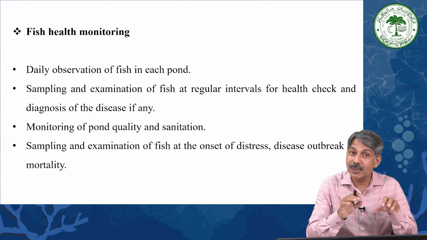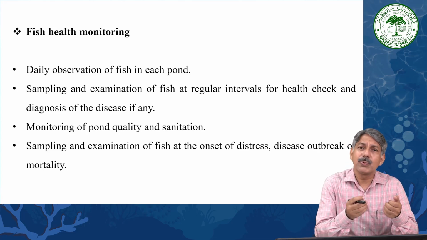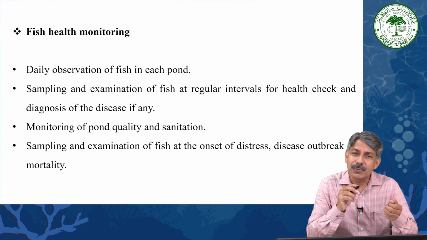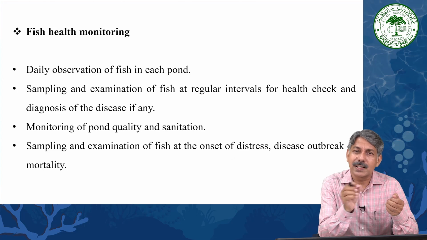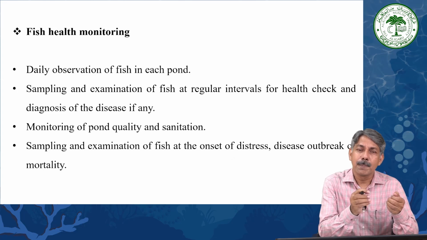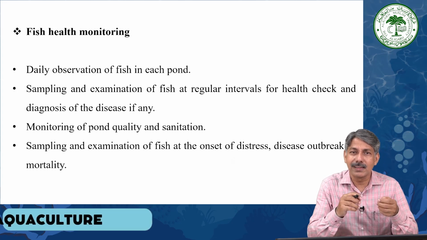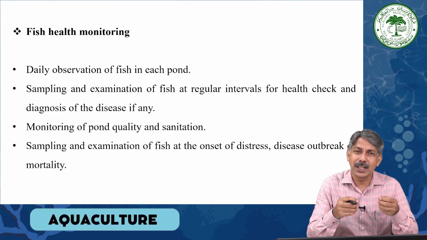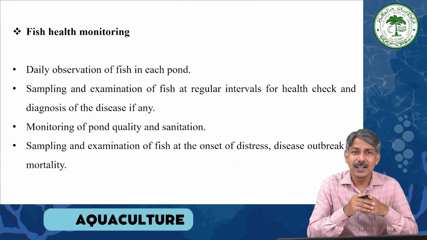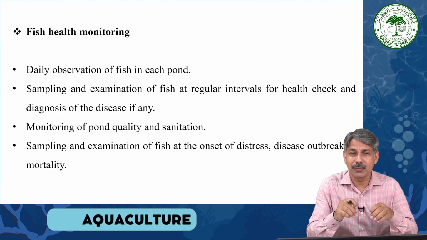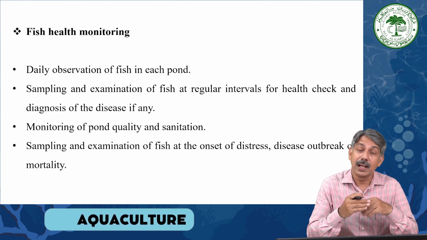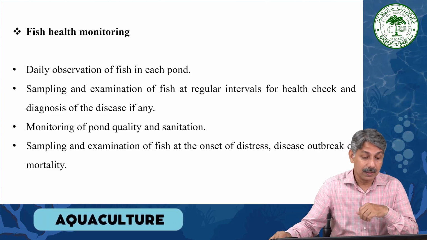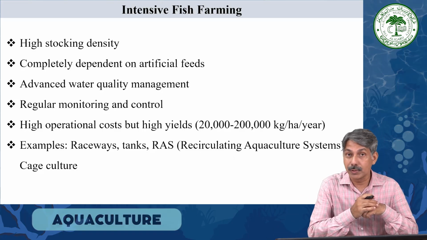So if you observe any of these, or randomly when you are netting or taking samples you observe some kind of ulcerative lesion on the fish body, or fins becoming very fragile and breaking down, or scales shedding, or excessive mucus, then any such abnormality, you will have to take appropriate action, and then you can stop the disease from spreading from one fish to all in the pond.